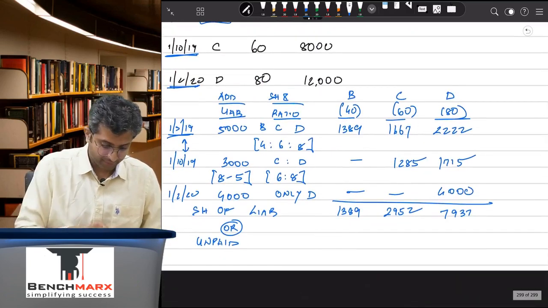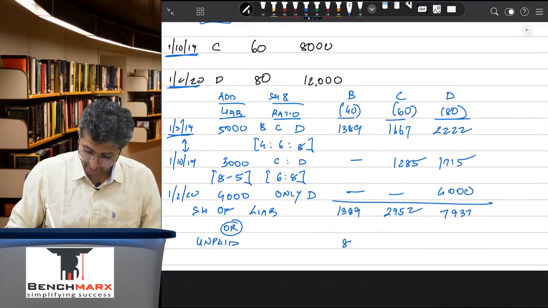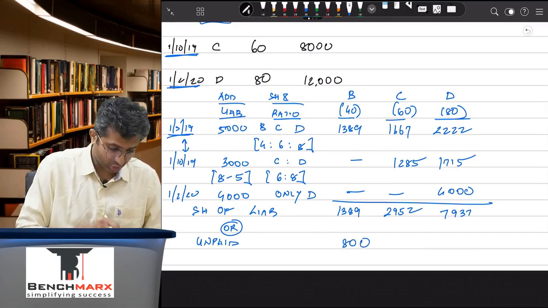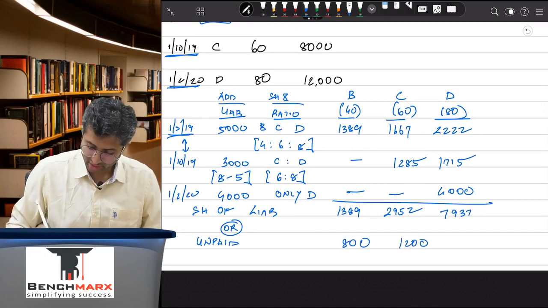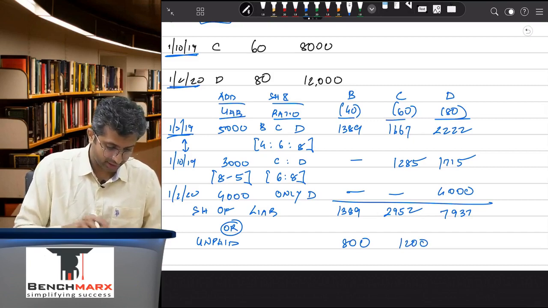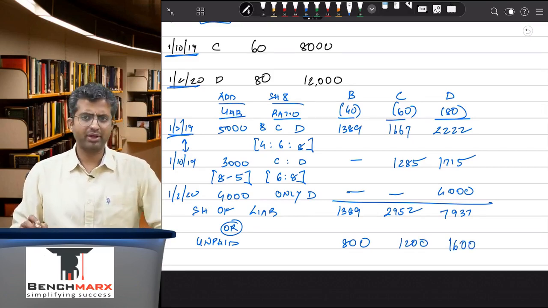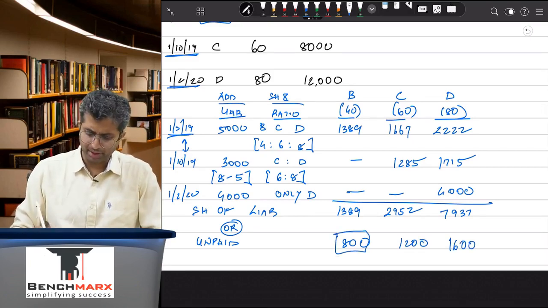So 40 into 20, this is only 800. 60 into 20, 1200, and 80 into 20, which is 1600. So well, the share of the liability might be more, but we will be paying maximum this amount.